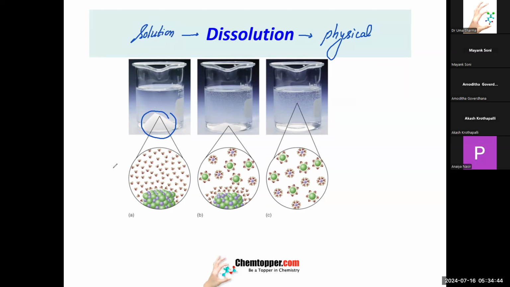So what is happening, like this is NaCl, let's say, Na plus, Cl minus. You can see the lattice here. Then Na plus, where is Na plus? This one, the smaller one is Na plus. You remember? Cations are always smaller than anions. Periodic trends.